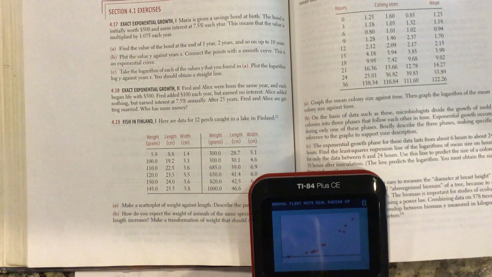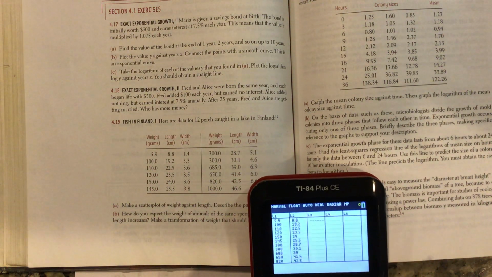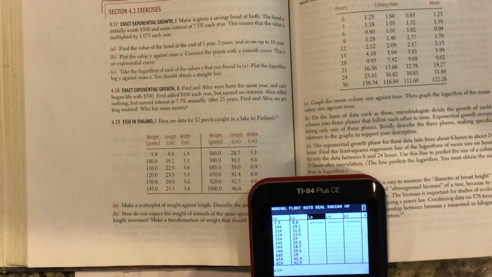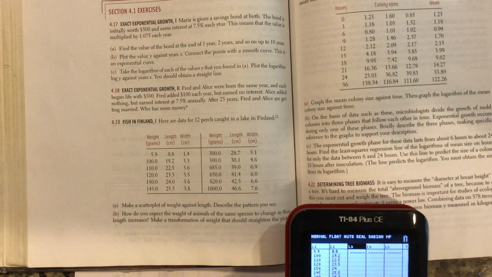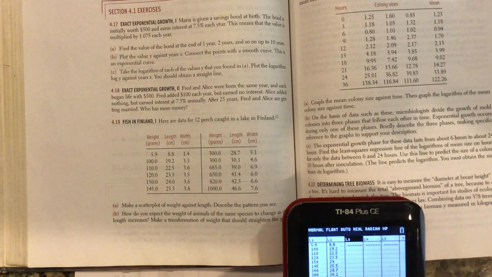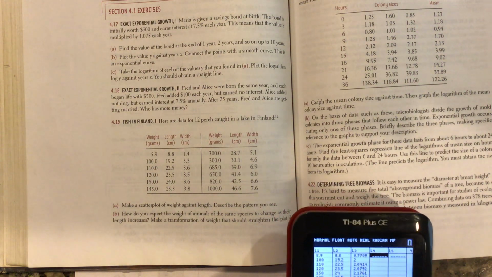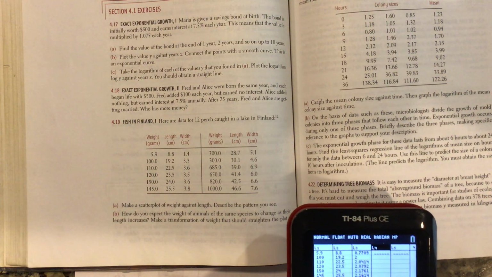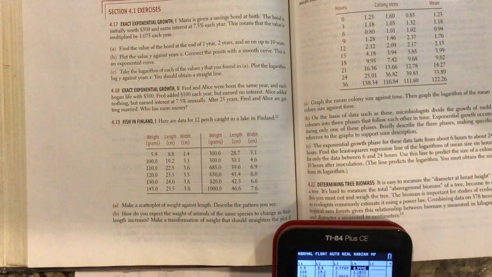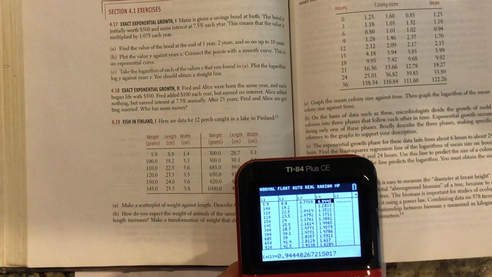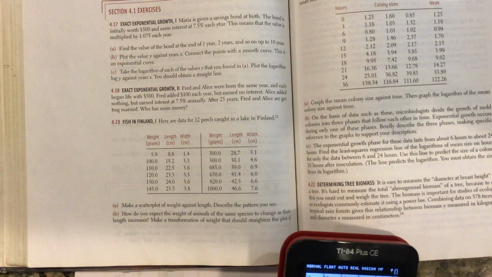So to do that, I want to log both variables. Okay, so let's log list 1. Let's log list 2. Now, and again, remember I have these reversed, so I'm now going to graph list 4, list 3.